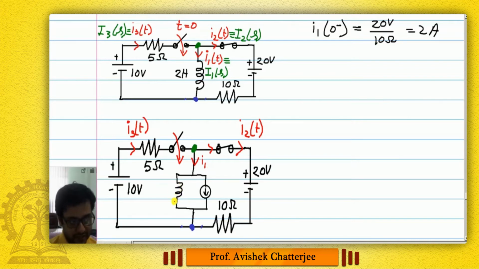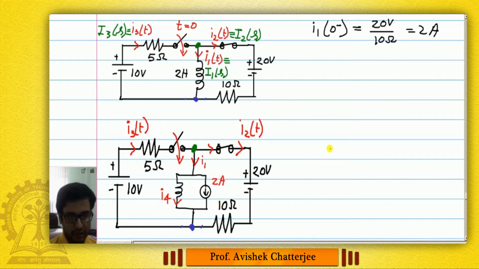This current, let me call it I4, and the value of this current source I will choose to be the same as the initial current of this inductor. So that is 2 ampere downwards, because initially the current was flowing downwards.